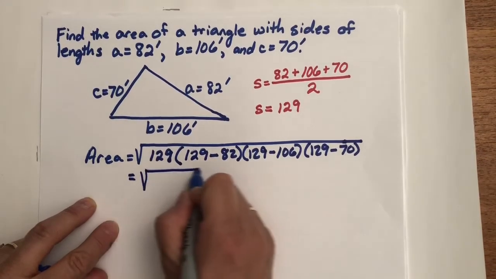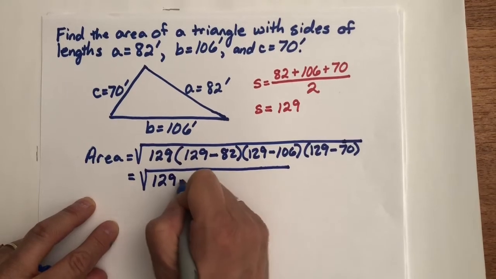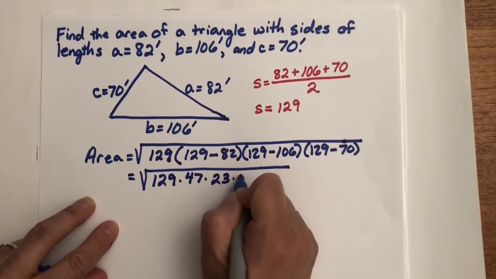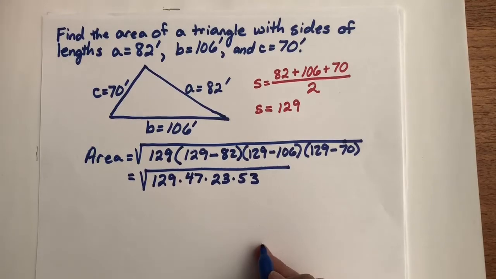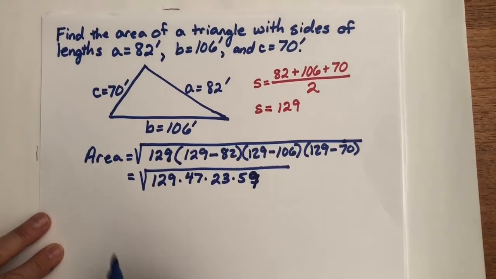And if we do the arithmetic there, we'll see our radicand is 129 times 47 times 23 times 59.